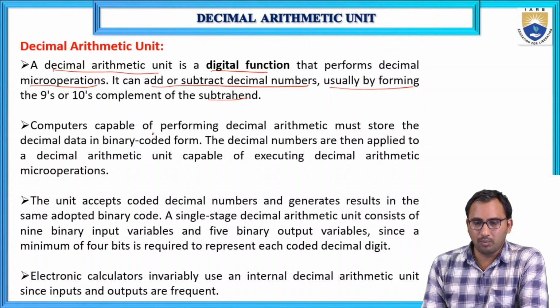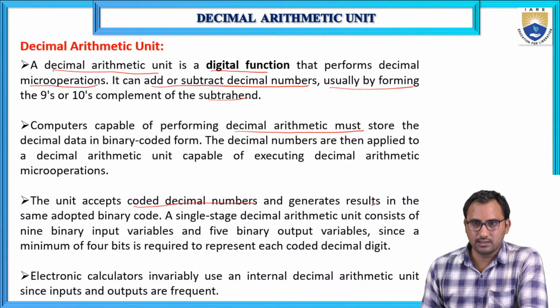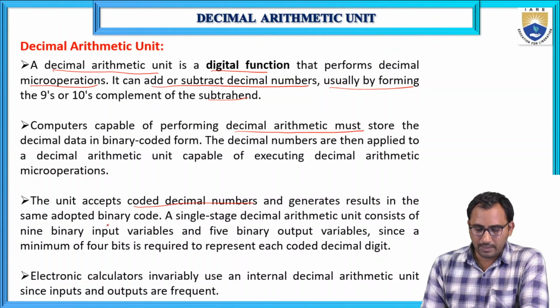Computers capable of performing decimal arithmetic must store the decimal data in binary coded form. The decimal numbers are then applied to the decimal arithmetic unit capable of executing decimal arithmetic micro operations. The unit accepts the coded decimal numbers and generates the results in the same adopted binary code.